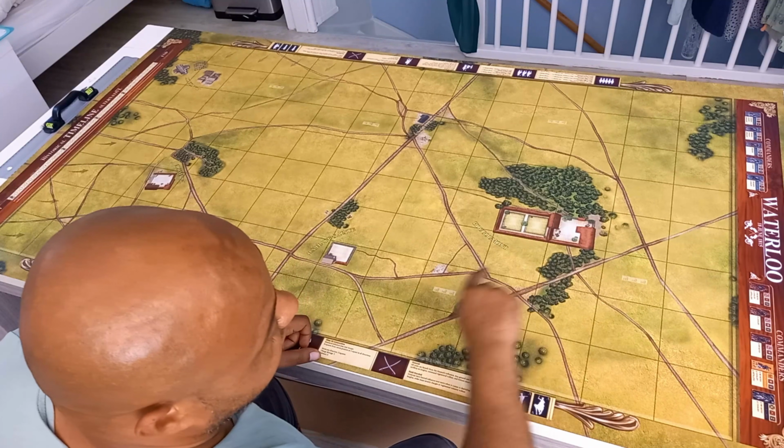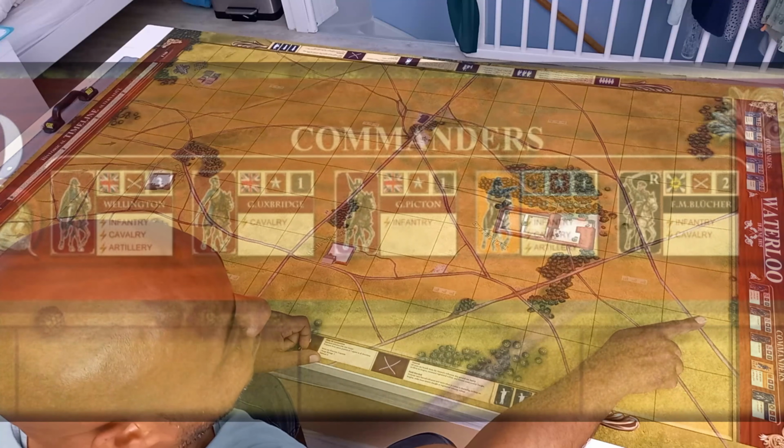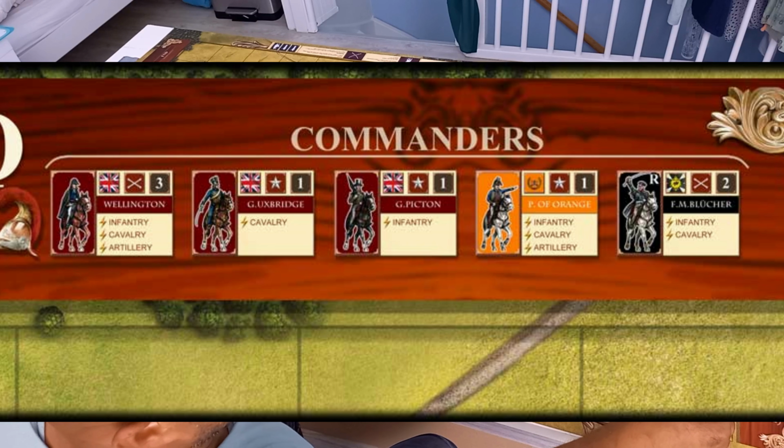General Uxbridge, for example, only has the command to add an extra moving range for the cavalry, Picton for the infantry. We have the Prince of Orange, who is able to command infantry, cavalry, artillery, and Blucher infantry and cavalry.